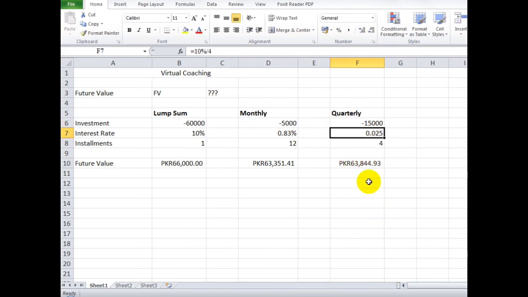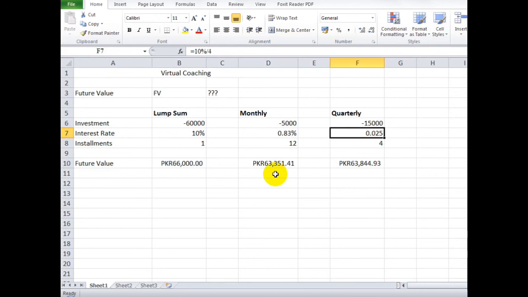So if we keep our lump sum amount for a complete year, we are getting more money, and if we are paying it as investment on a monthly basis, we are definitely getting less money.